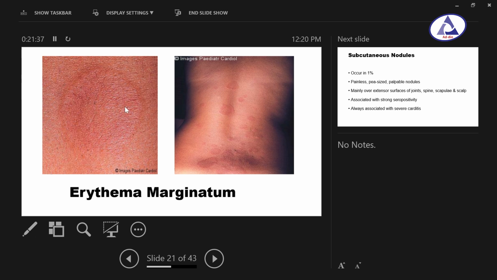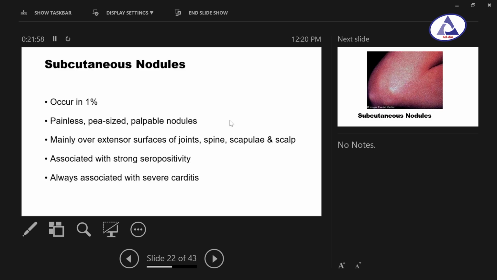These are the pictures of erythema marginatum and these are the features, with change of position and variation in size. If it occurs, it is sometimes associated with chronic carditis. Then the subcutaneous nodule. When subcutaneous damage occurs, a subcutaneous nodule is formed, in less than 1% of cases.